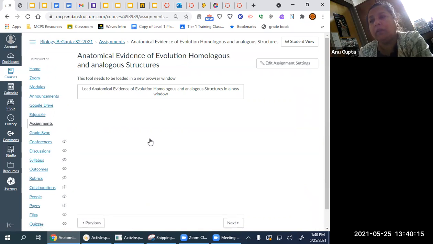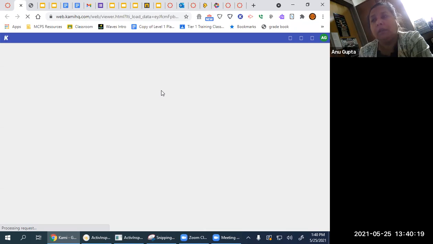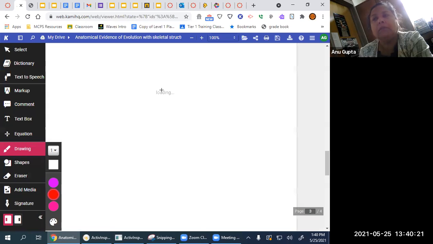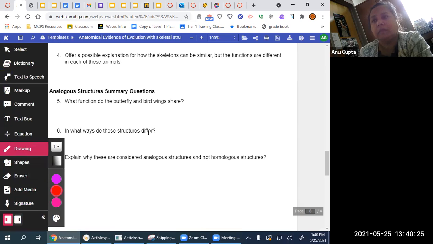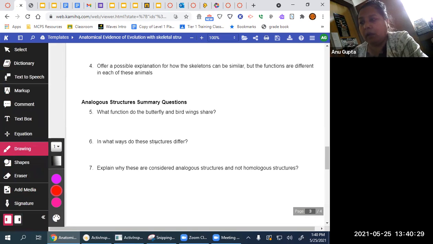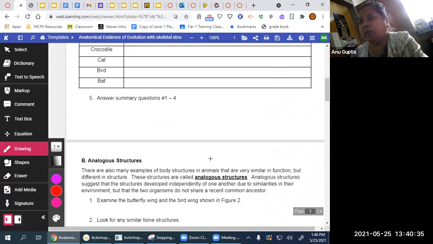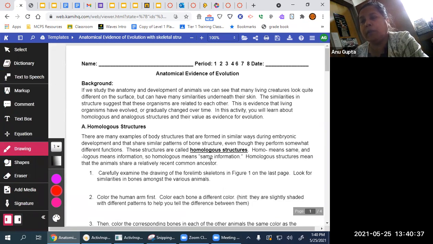When you click on this, you can load it in a new window. It is a Kami doc. Because there'll be some coloring, you can easily choose your colors and pick a pen. It'll be easier for you. So this is the assignment that is due. Let's talk about what to do.